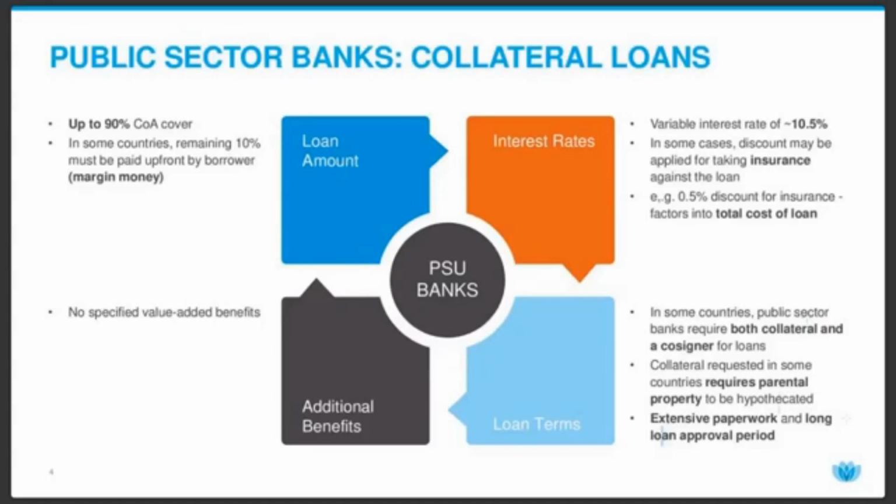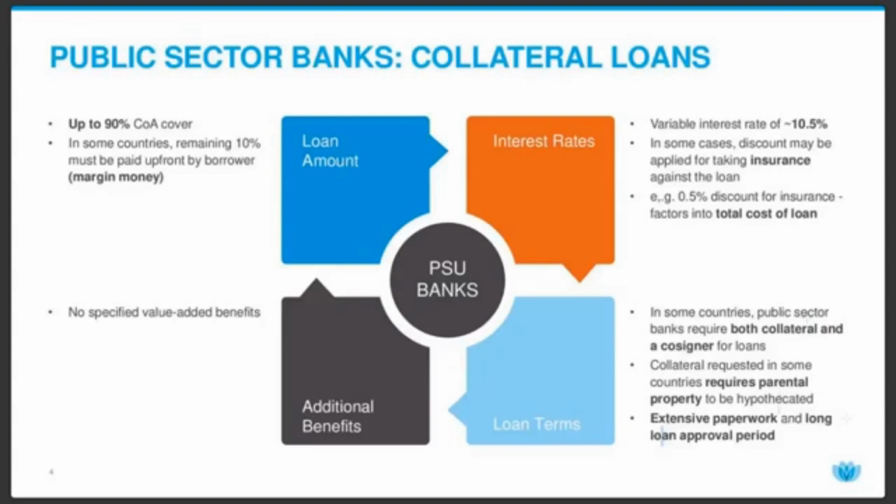In some cases, some public lenders may offer a discount if you take out insurance against the loan, right? Do remember, for instance, suppose they offer you a 0.5% discount if you do take out this insurance, remember that you would still need to factor this discount into the overall cost of the loan, because there is a cost of taking out the insurance in the first place.